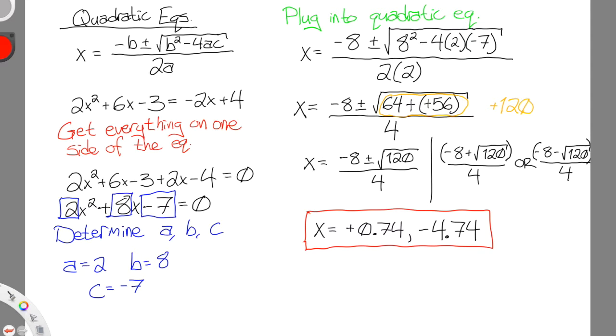So with that, I'm going to clear this out so that we can start the next one. Another thing you guys will need to do is solve a system of equations. And a system of equations means you have multiple equations with multiple unknown variables.